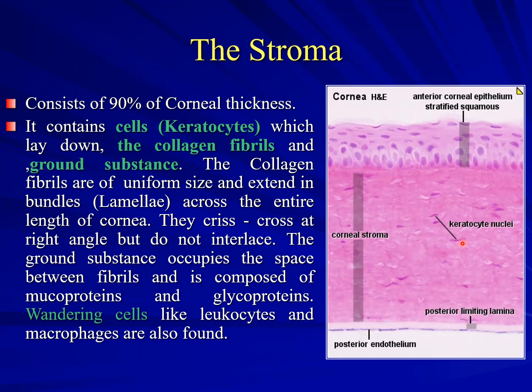They crisscross at right angles but do not interlace. The ground substance occupies the space between the fibrils and is composed of mucoproteins and glycoproteins. Wandering cells like leukocytes and macrophages are also found in the stroma.